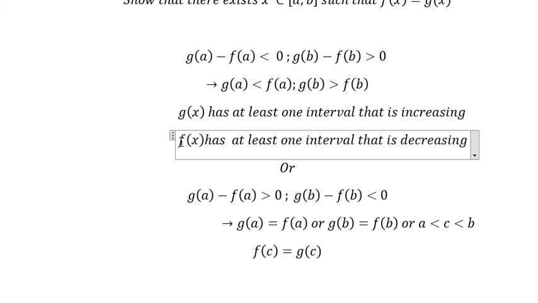So if one function is increasing and f of s is decreasing somewhere between a and b, they will intersect at a point here.